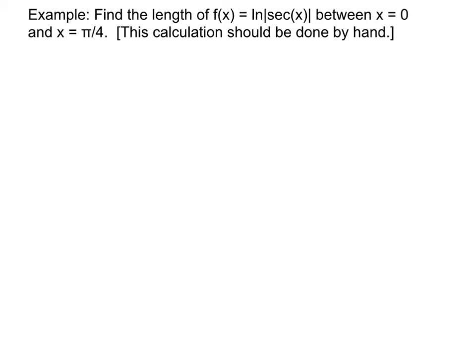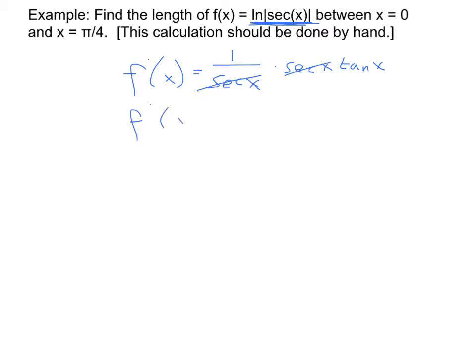So surprise, surprise, our first step is to find the derivative. Even if you didn't recognize this thing up here, we could just do the derivative and say, oh, it's 1 over secant x, and then chain rule, so times secant x tangent x. Then we divide out the secant x. It turns out that the derivative of this function is just tangent x.